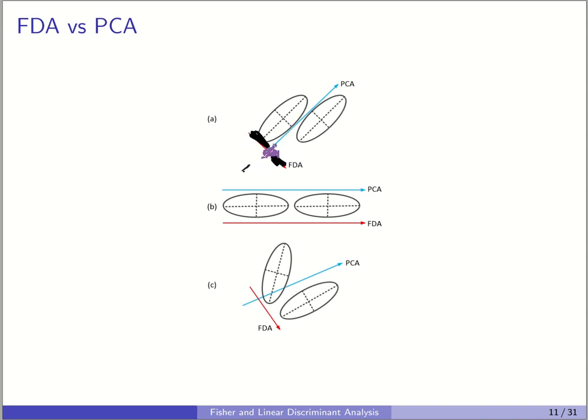However, PCA finds the most variant direction of data. Here in B, PCA and FDA directions are equivalent. Why? Because when the classes are projected on this direction, they are separated, and PCA also finds the most variant direction. Here, they are neither equivalent nor orthogonal, so we can have different cases.